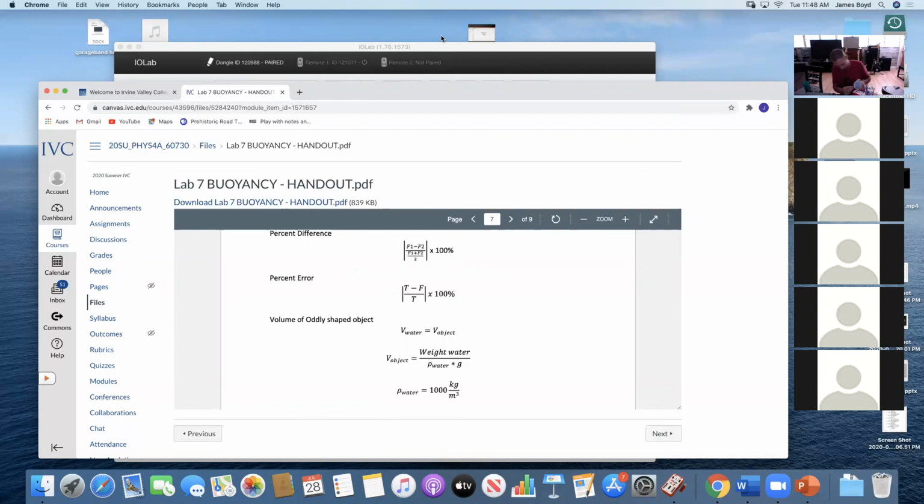Essentially what I want to do is use the IOLab as a scale.